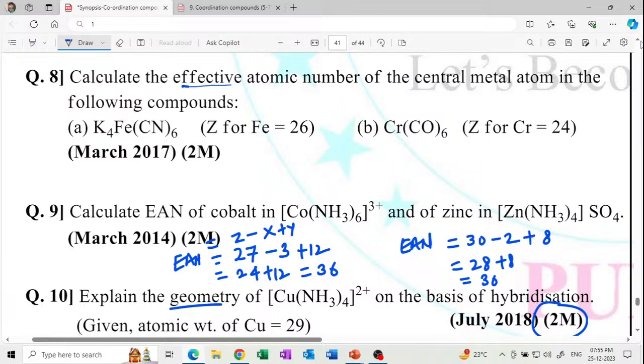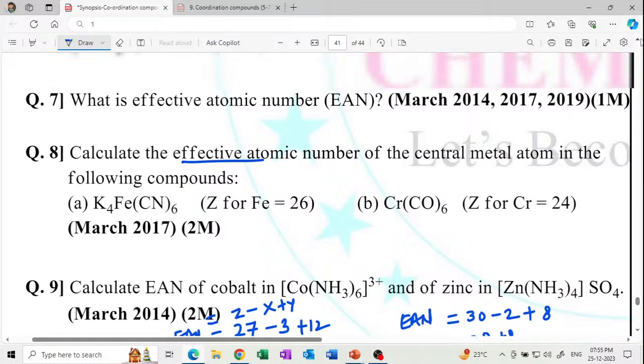Next is calculate the effective atomic number of the metal in the following complexes. Effective atomic number, that's the K4[Fe(CN)6]. What is the oxidation state of the Fe? +2. So Fe has 26. 26 minus 2 and plus 12. So this is 24 plus 12, which is 36. So this is 36. Next is Cr(CO)6.